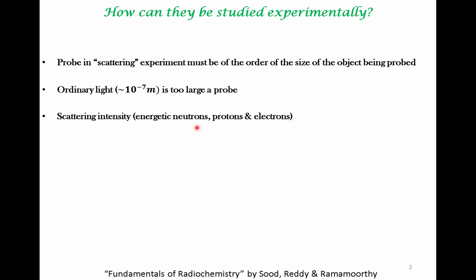Let's see why. Amongst these, proton has a disadvantage. Because proton is positively charged, and nucleus is positively charged, when you send in a low energy proton, it would just be repulsed. There'd be repulsive interaction, so the proton cannot access the vicinity of the nucleus, unless the energy of the proton is very high.